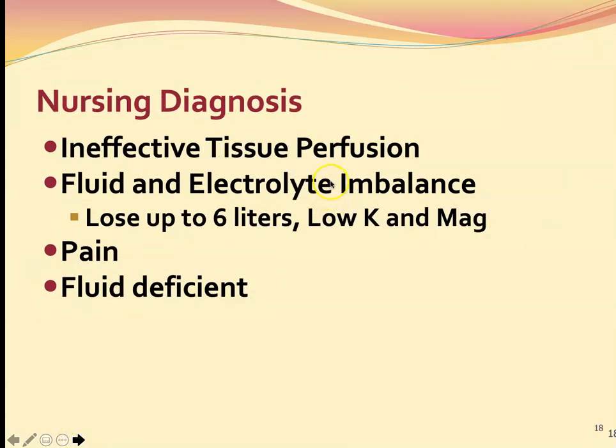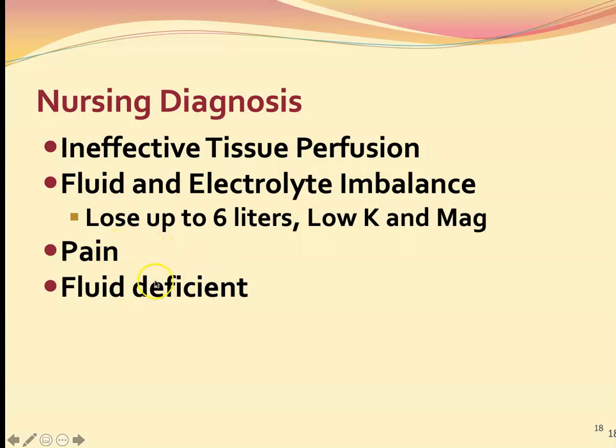So, nursing diagnosis, your favorite. One of those will be ineffective tissue perfusion, fluid and electrolyte imbalance. Because of the decompression using the NG tube, we're basically sucking out everything in their stomach. And so in that case, we want to monitor their potassium and magnesium, and then make sure you're assessing for pain.